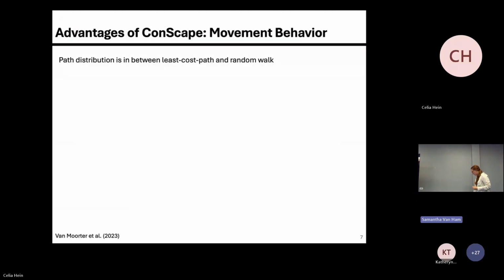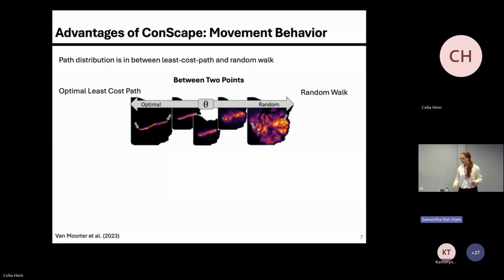Okay, so moving on to some of those parameters that we were talking about earlier about these path distributions. So far we have these binary approaches, like current density, which is entirely random movement, okay?